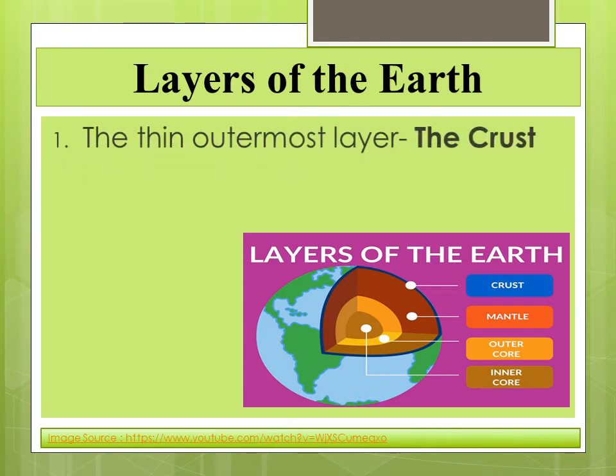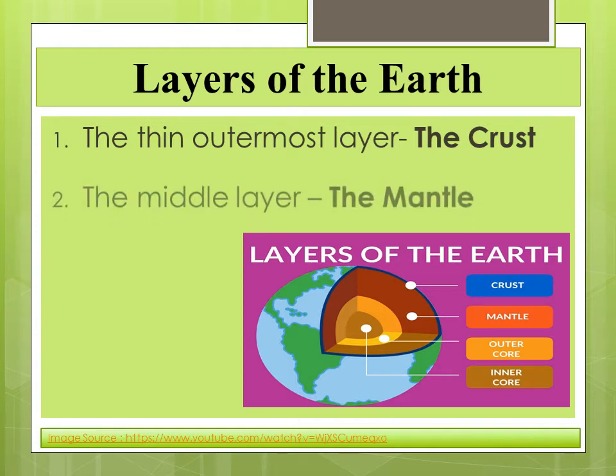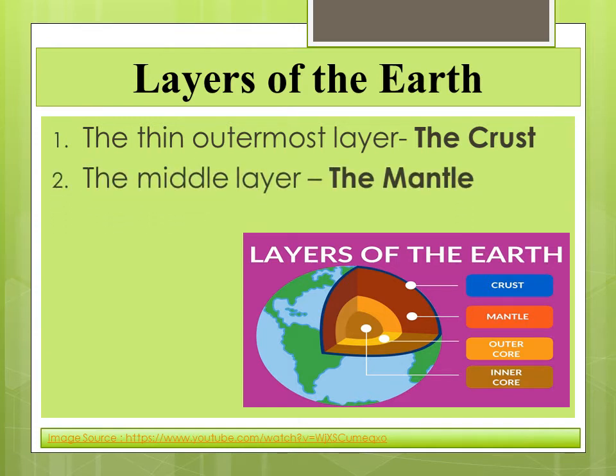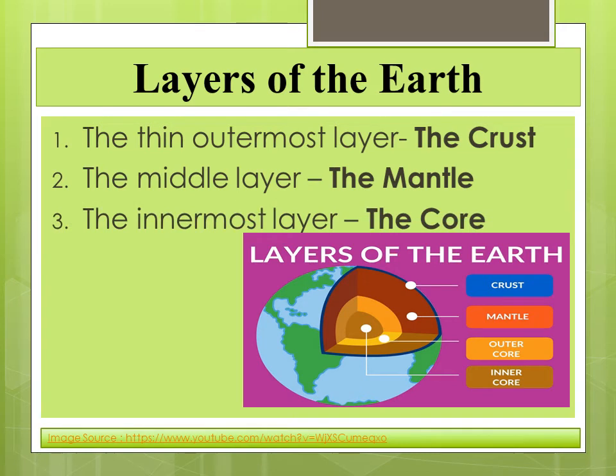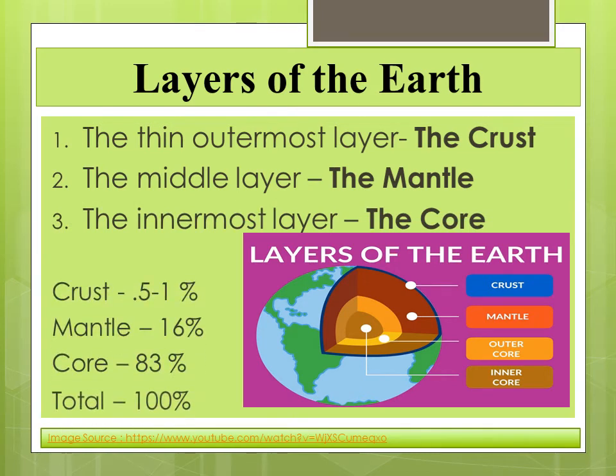It is made up of three main layers. Number 1, the thin outermost layer is called the crust. It is like skin of an apple. Number 2, the middle layer is called the mantle. It is like pulp of an apple. And number 3, the innermost part is called the core. It is like core of an apple. Children, see the picture carefully to understand the layers of the earth.